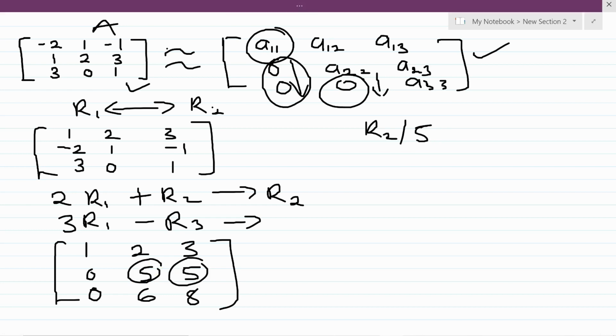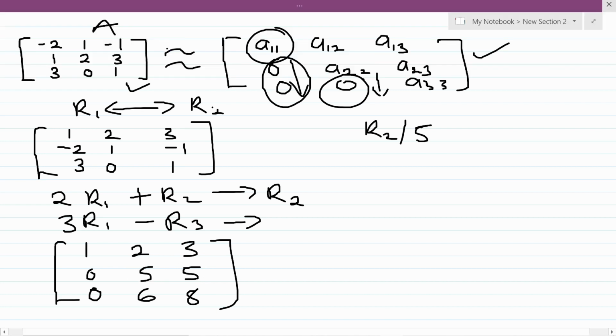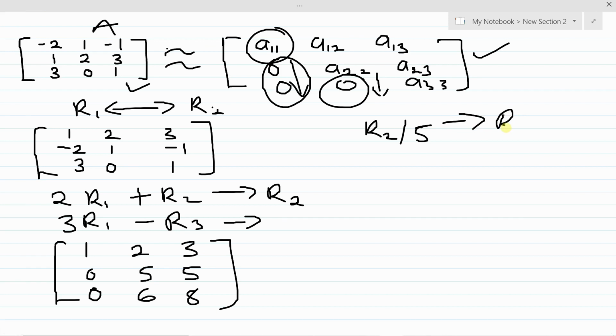If I divide by 5, it will be much easier. That's why we said that you can multiply a row by a scalar, in other words, 1 over 5 times row 2. This will give me a new row 2, and now we'll get something like this: 1, 2, 3, 0, 1, 1, 0, 6, 8.